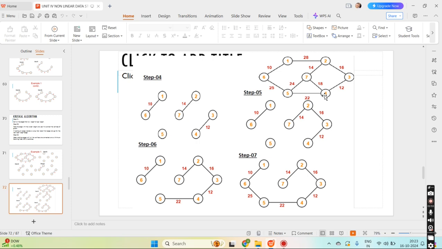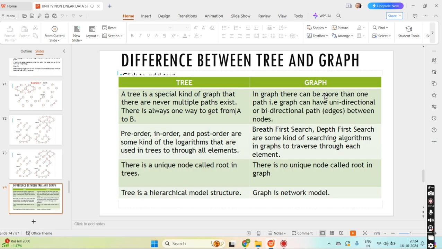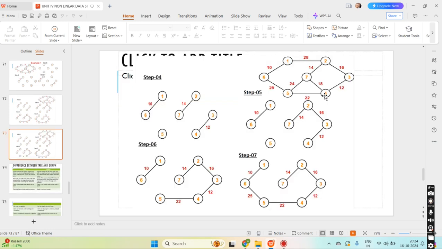The next weight is 22, so we create an edge between 5 and 4. So the final diagram denotes the minimum cost connecting one source to the other vertices. The total cost is 37.